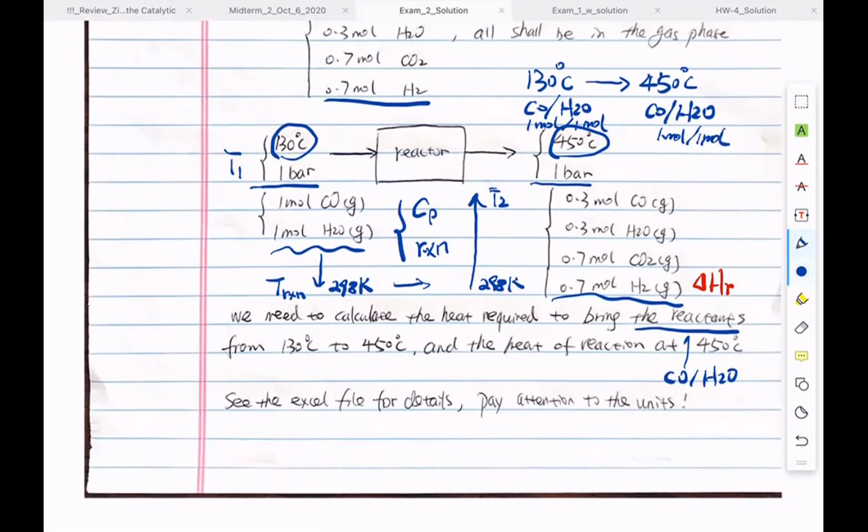Then I'm going to carry out the reaction over there. So that would be the reaction of CO and water at this 450 degrees C, and I'm going to produce the required compositions over there.